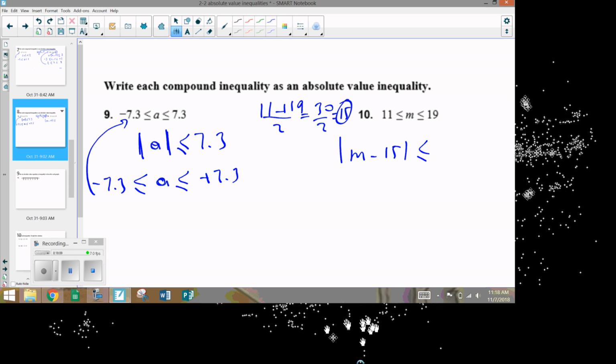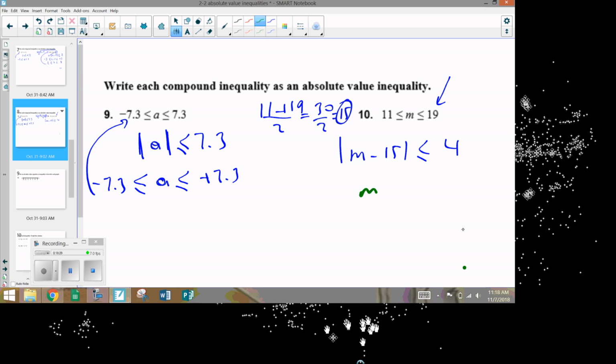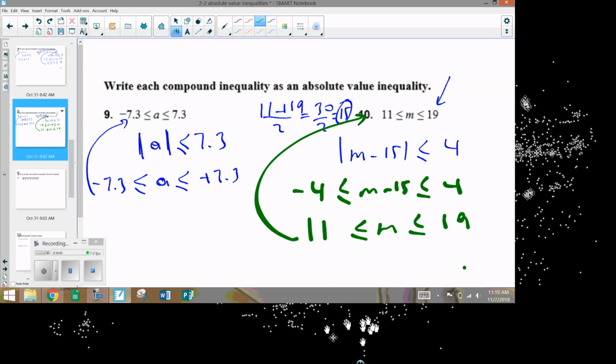Subtract average from the bigger number. 19 minus 15 is equal to 4. This is correct. If you want to make sure, you can check that out. M minus 15, put that in the middle, plus minus. We're going to add 15 to both sides. 15 minus 4 is equal to 11. Correct? Same.